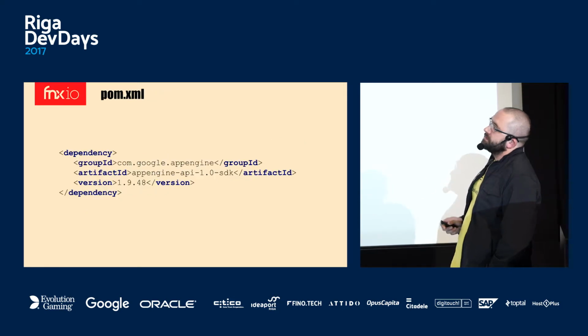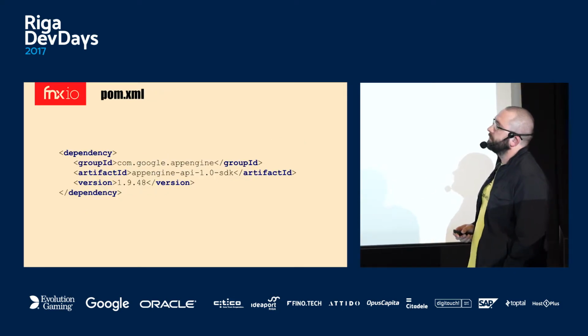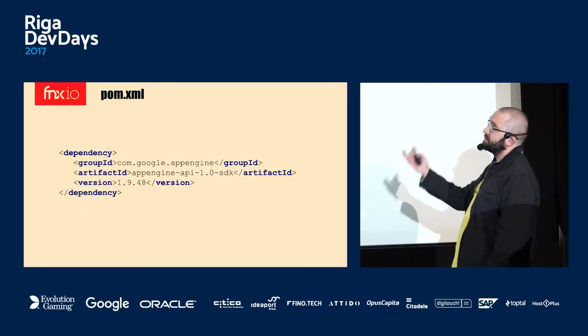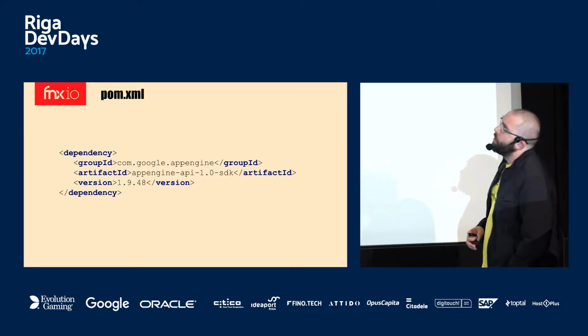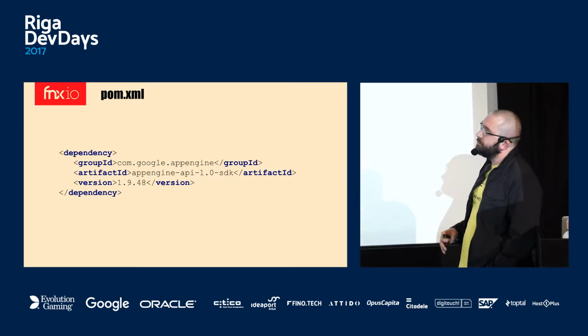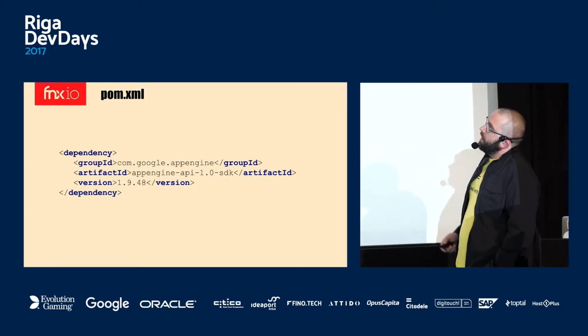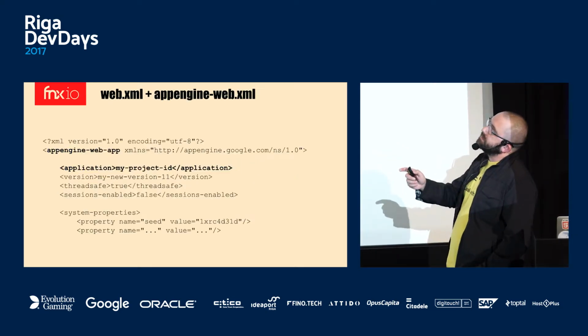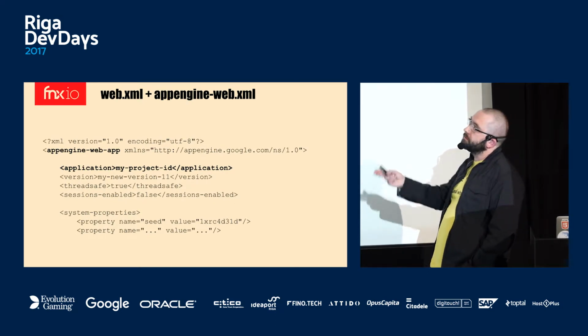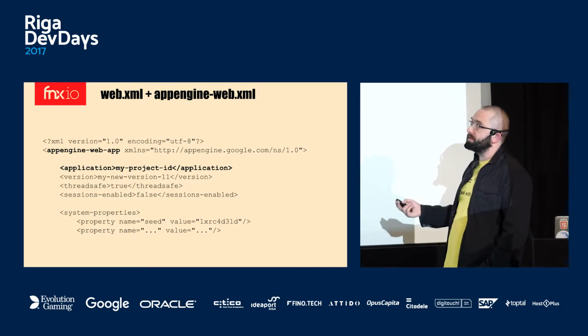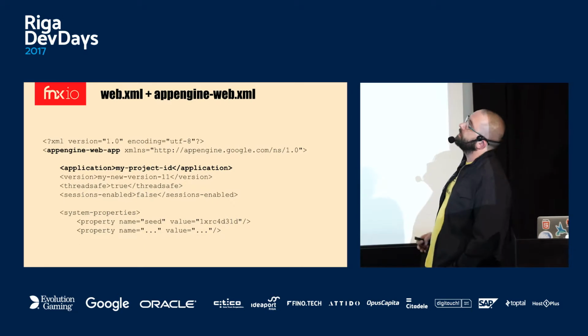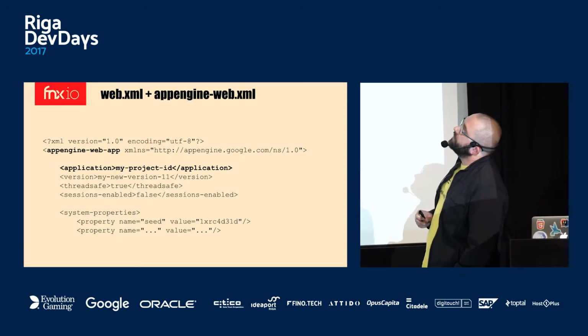It's a Java application, so it's probably written with Maven. So this is a fragment of our POM XML, the dependency on the AppEngine SDK. Okay. It's a .war package, so you will have to create web.xml in your WEB-INF directory. And also you will have to create appengine-web.xml.